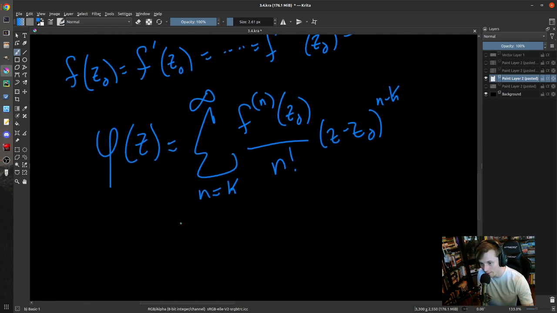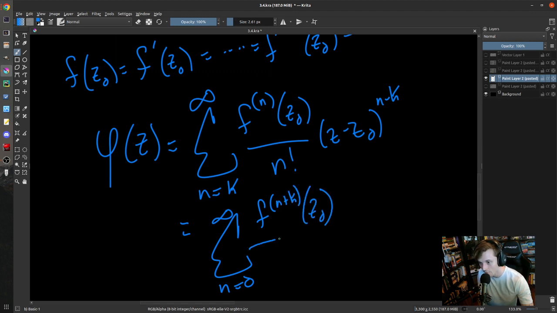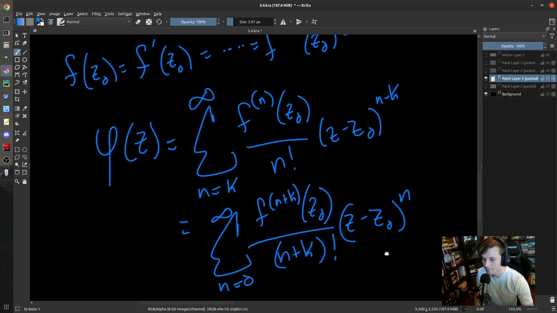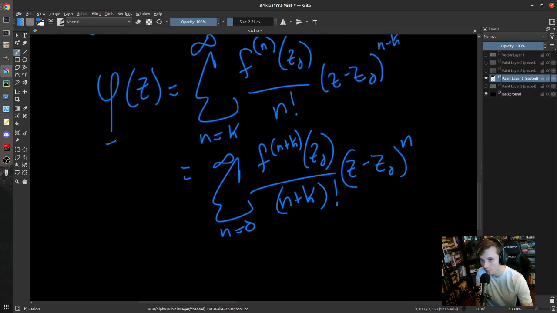Now I could reindex this and write it as the sum from n equals 0 to infinity of the n plus kth derivative of f at z naught over n plus k factorial, times (z minus z naught) to the n. And hey, I've got a power series for phi, right?